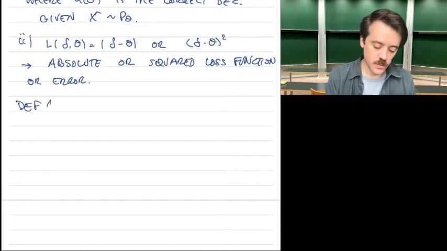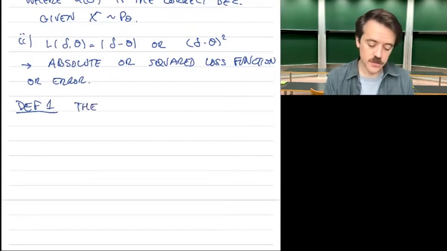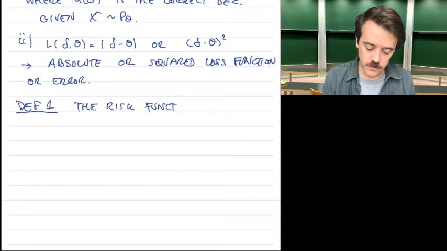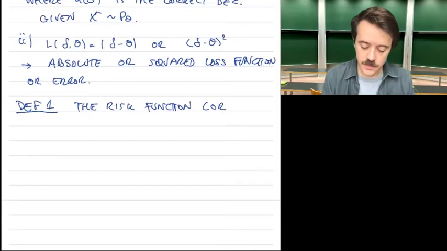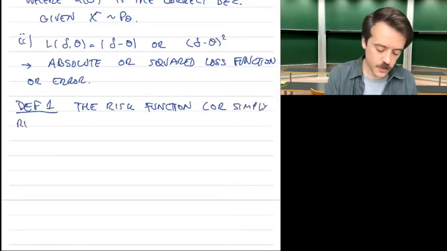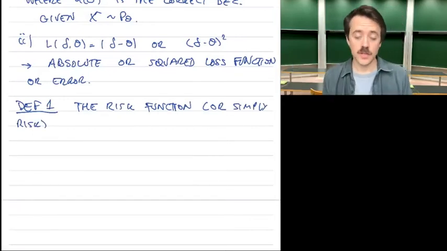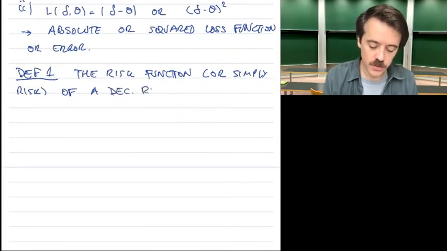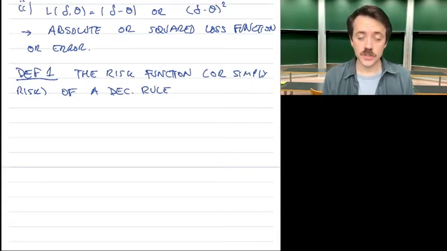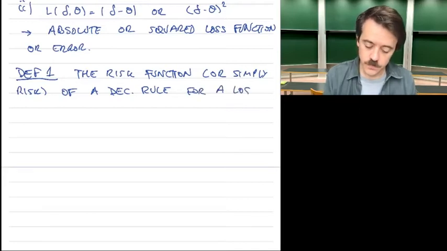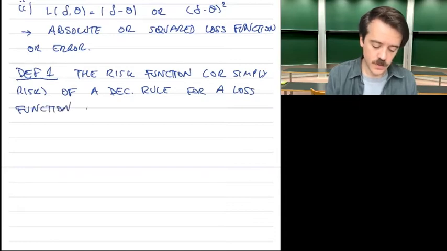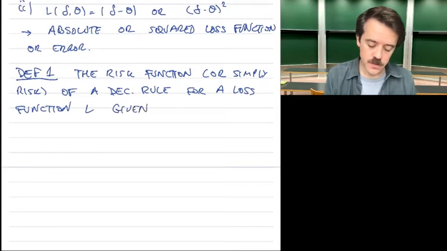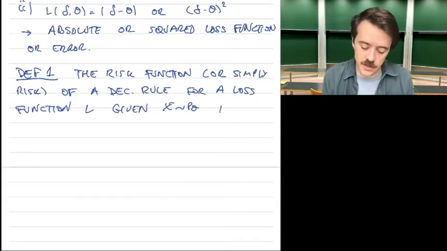Definition one: the risk function, or simply risk, of a decision rule, and this is of course for a loss function L, and also given that x comes from p theta, is the following expression. By the way, if you're still not finding my writing very clear, feel free to let me know.